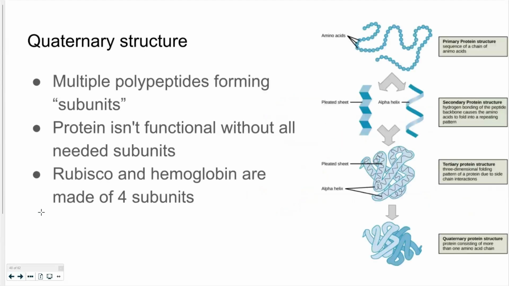All right, and last but not least is our quaternary structure. And I always make the joke that this is the four-dimensional shape. No, that's not true. Okay, that's just a joke. But we're going to have all of these multiple polypeptides, right? They each have their own three-dimensional shape, and they're going to come together as various subunits to create a functional protein. Okay, so here's a polypeptide.